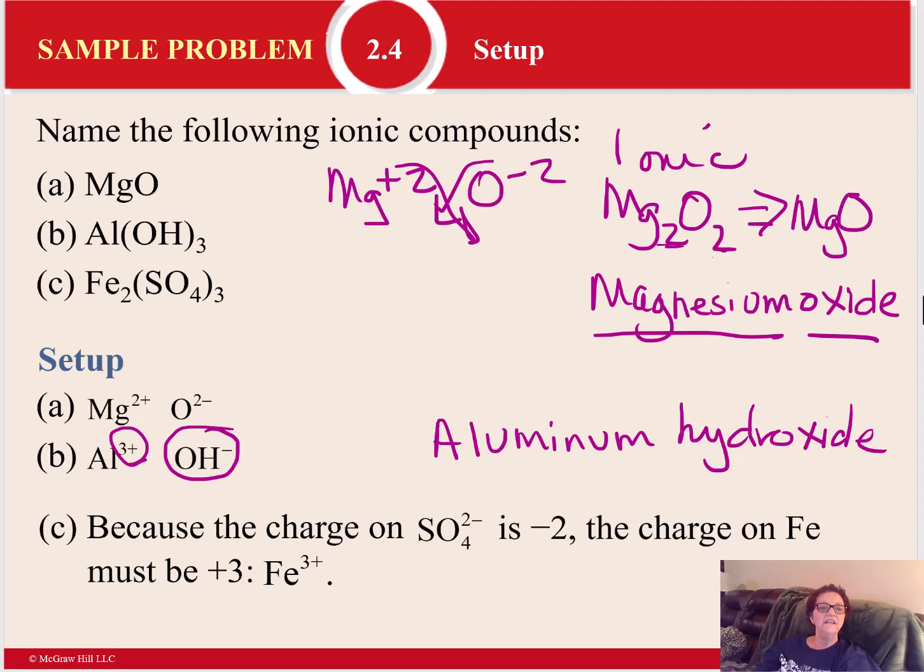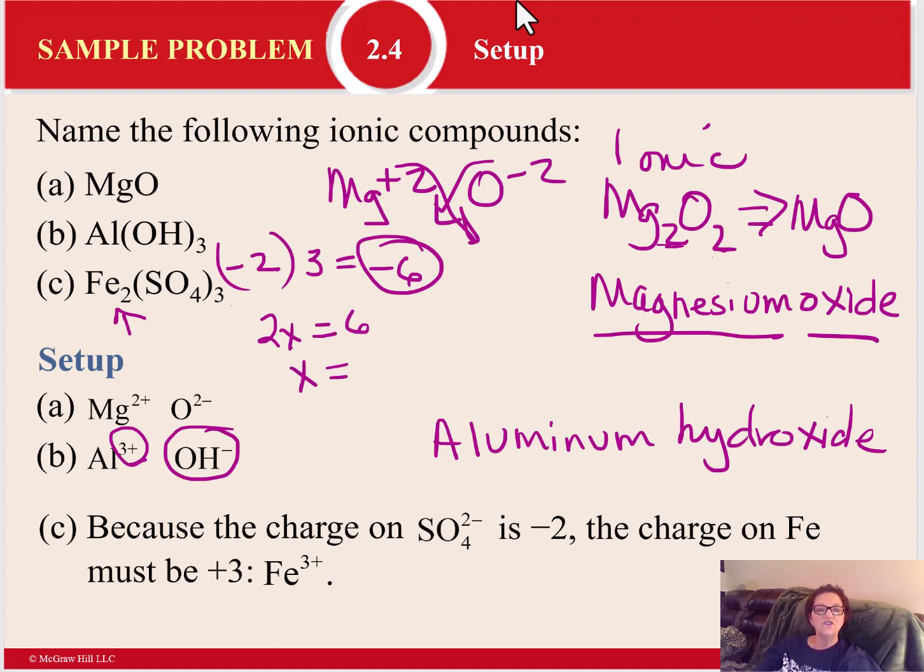For C, this is iron. So you have 2 irons and 3 sulfurs. The sulfate is a -2, okay? But you have 3 of those. So since that's times 3, that's a total of a -6 charge. In the formula, I have 2 irons. So 2x equals 6.